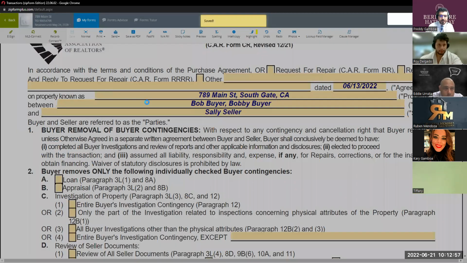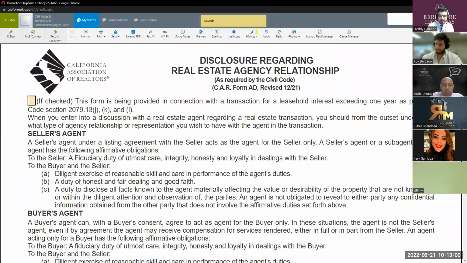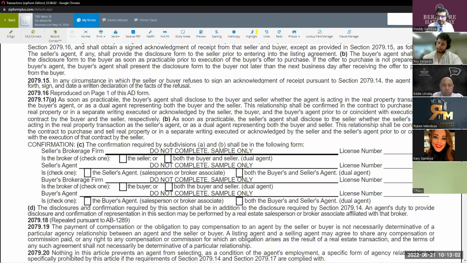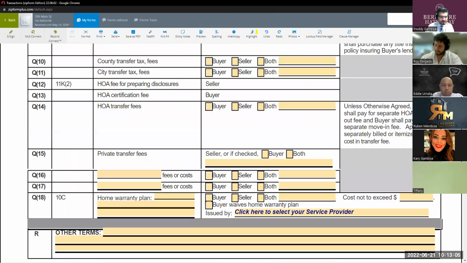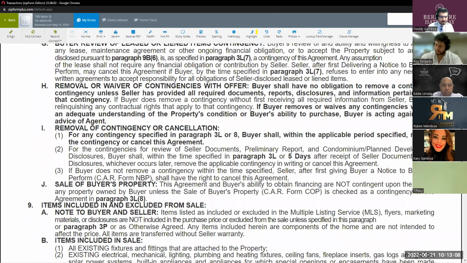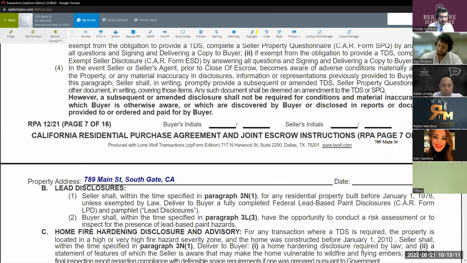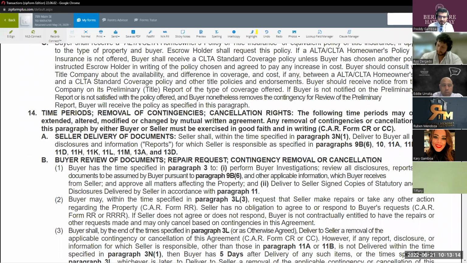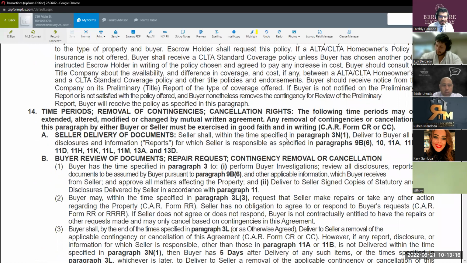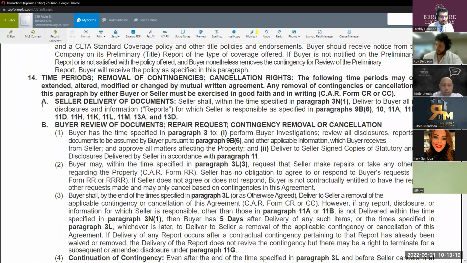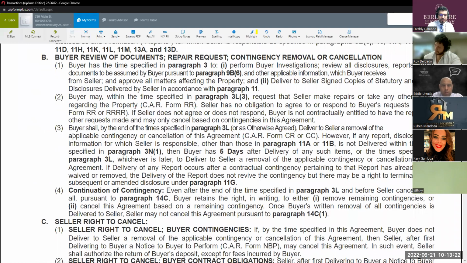It's on page 10, paragraph 14B3, where it says: buyer shall, by the end of the times specified in paragraph 3L, or as otherwise agreed, deliver to seller a removal of the applicable contingency or cancellation of this agreement, called form CR or CC.